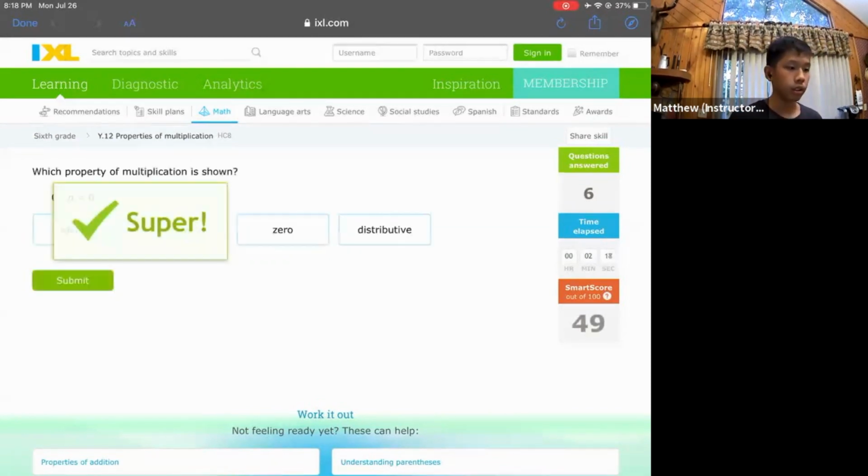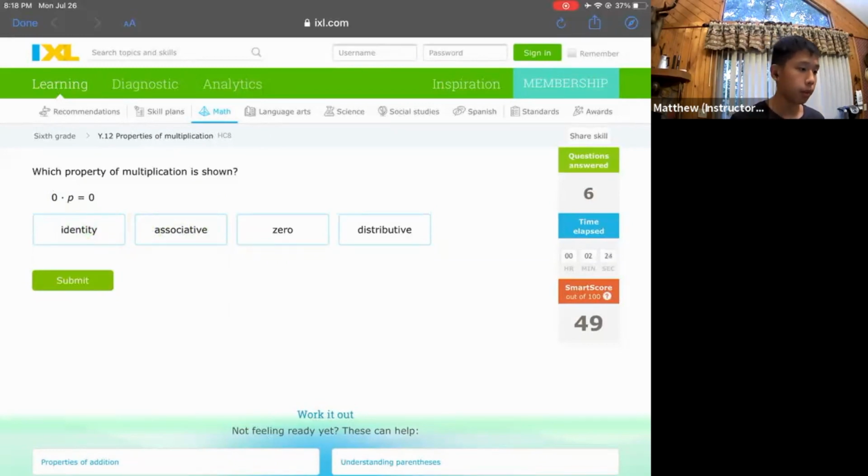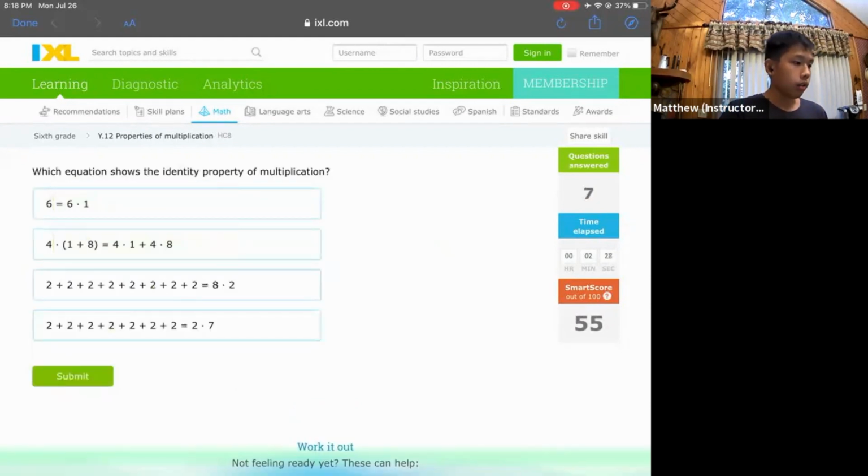Let's continue. Now, what would this be? Would anyone know? Well, this will in fact be zero property because anything times 0 is 0. Now, what shows the identity property? Well, which one's equal to each other? Only in this one is it equal to itself, where 6 times 6 is equal to itself.